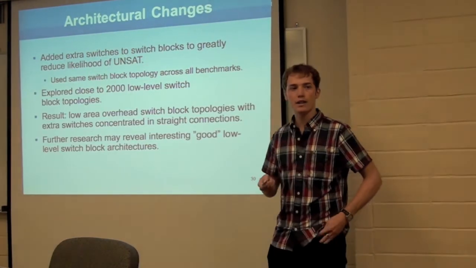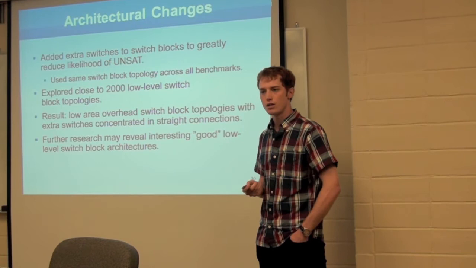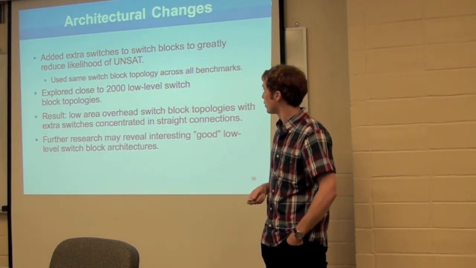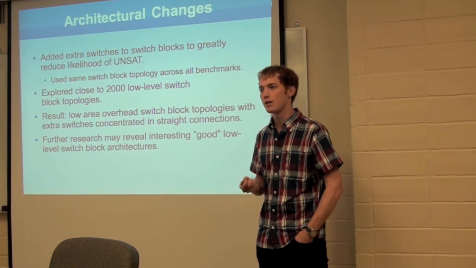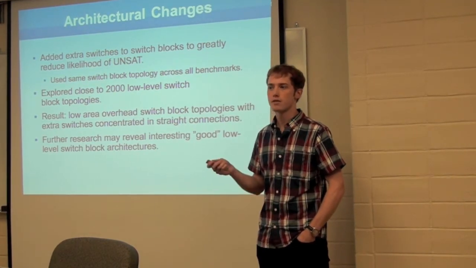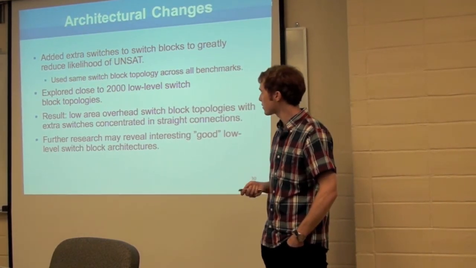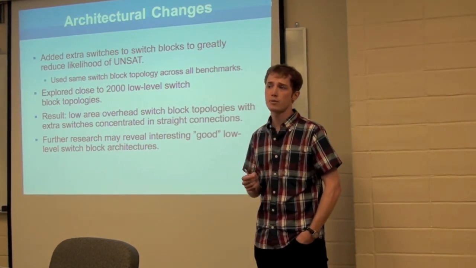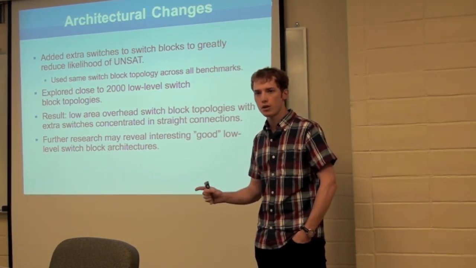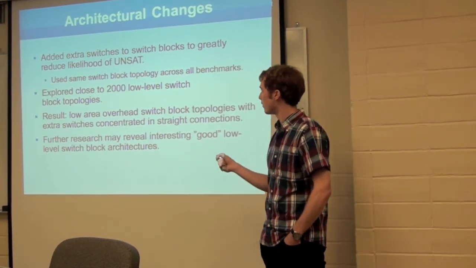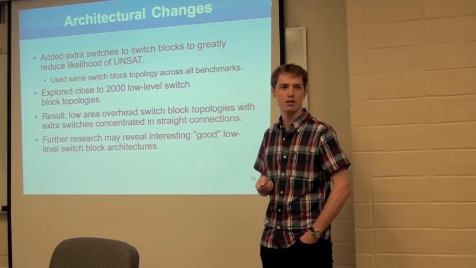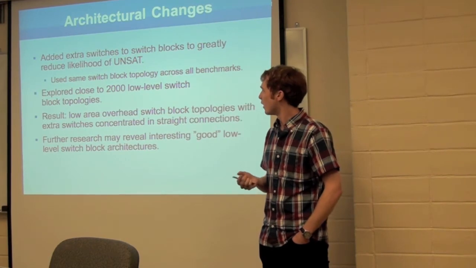Okay, so what we did is we added extra switches to the underlying switch block topologies to try and reduce the likelihood of unsat, with the hope that we could add only a few and get SAT across the board. In our experiments, we used a single switch block architecture across all benchmarks that we tested. And I'll explain my experimental methodology in the next slide.